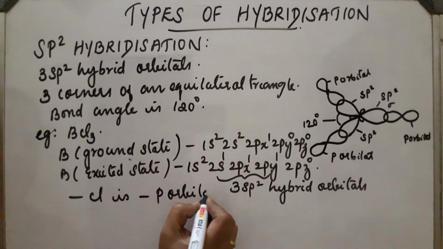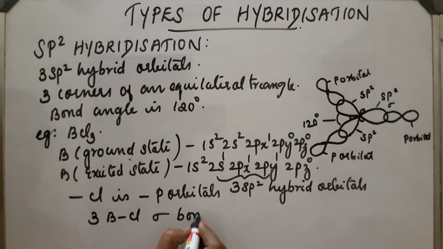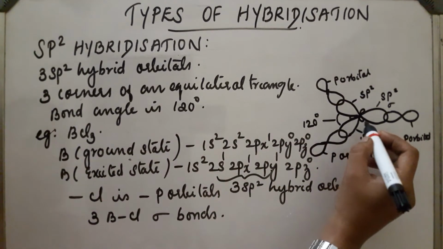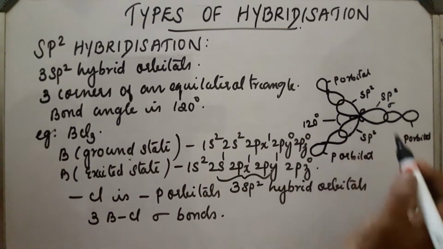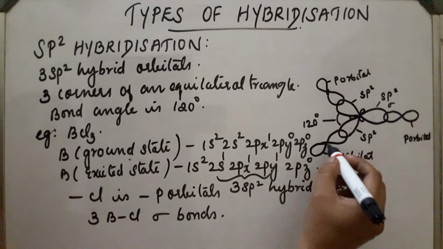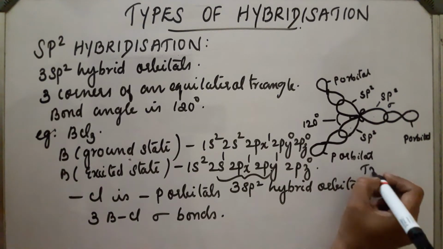Each sp2 hybrid orbital overlaps with the p orbital of a chlorine atom and forms three B-Cl sigma bonds, which are oriented at the corners of an equilateral triangle like this.